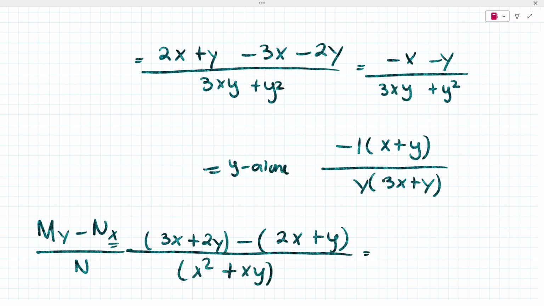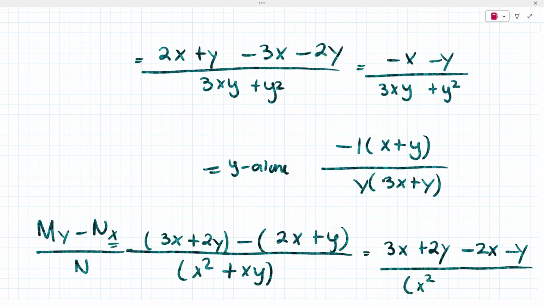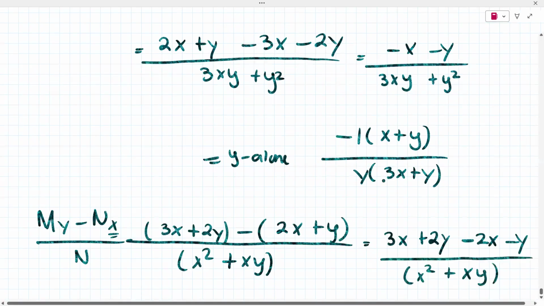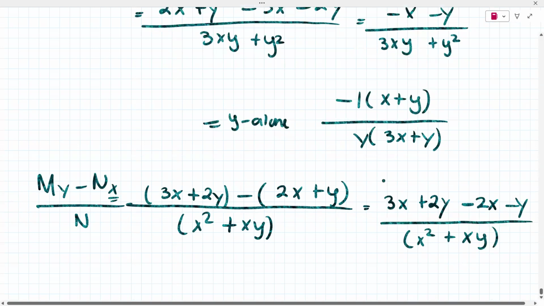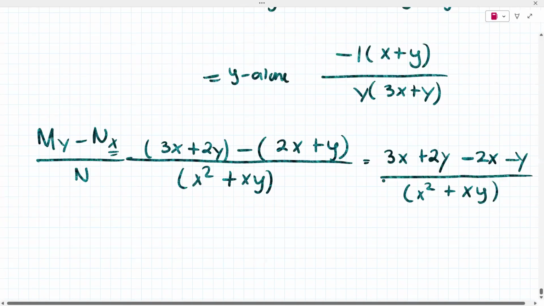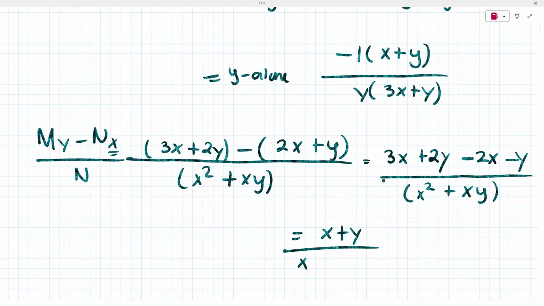So that's going to be 3x plus 2y minus 2x minus y all over x squared plus xy. So if you clean this up, the top would be x plus y, and then the bottom would be x. You could factor out an x, so that would be x times (x plus y), and that gives you 1 over x. So this is in terms of x alone.